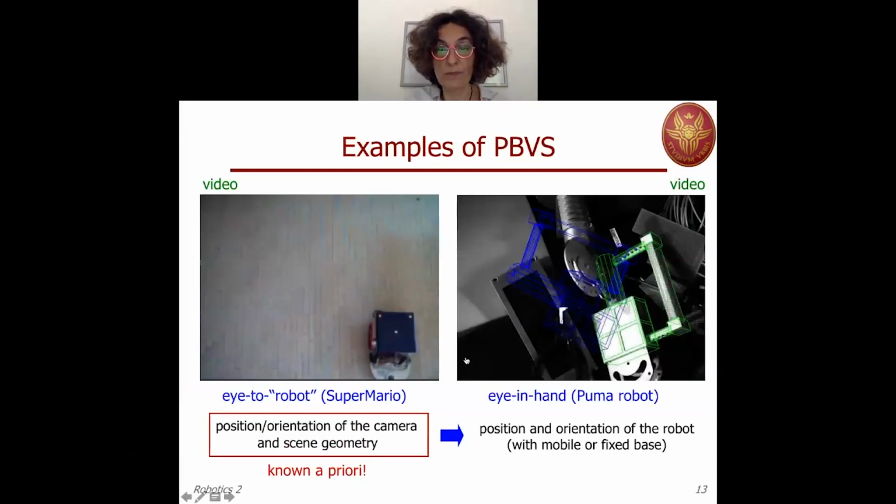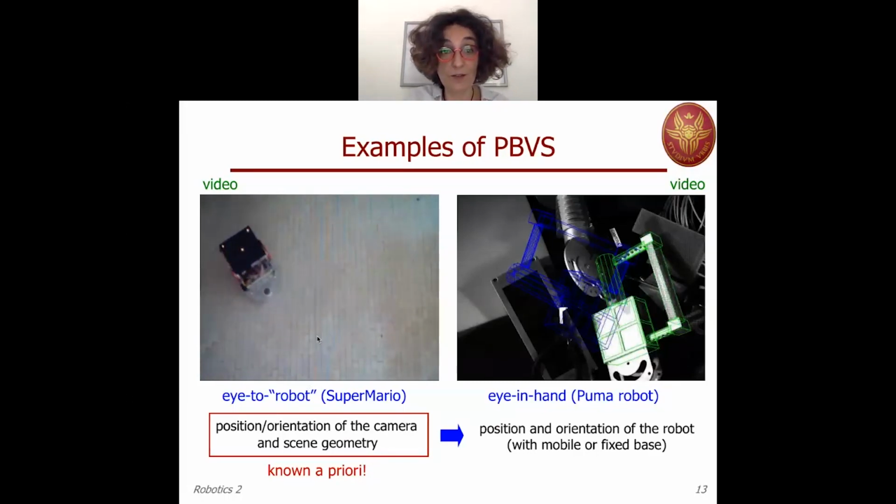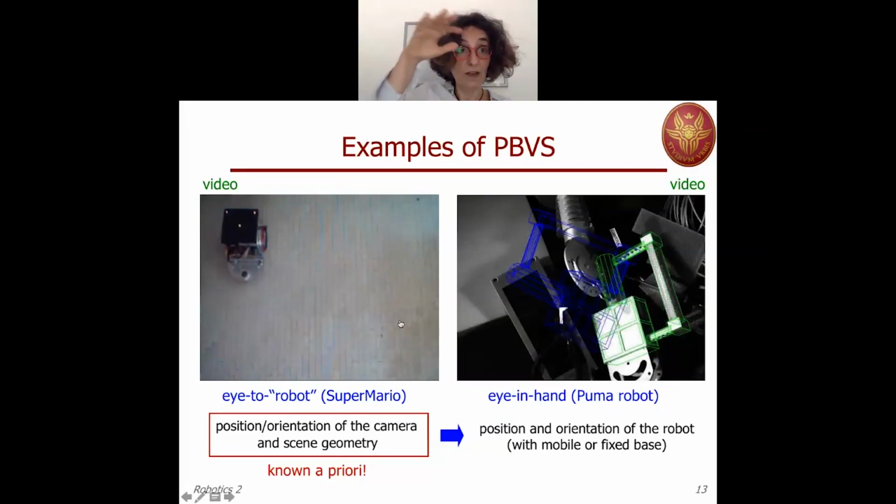Here we see two examples of application, one with an eye-to-hand or eye-to-robot configuration, as said. On the ceiling, in our previous laboratory, there was a camera looking down at this mobile robot, homemade in the laboratory, called Super Mario.